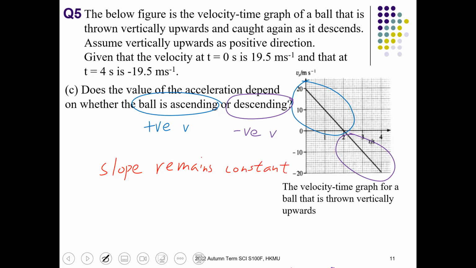When the slope in the VT graph remains constant, what we know is that the acceleration is constant.